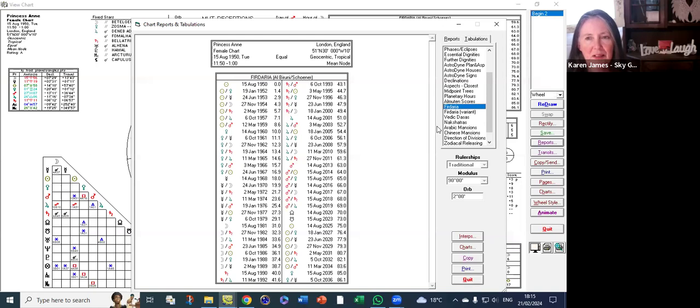There is another one here called Firdaria variant, which Rod told us to use, but it would seem from the newer scholars like Benjamin Dykes and Ashwin Subramanian, and a British astrologer called Sharon Knight, who worked with Ashwin Subramanian to write his book, that they are all in favor of this one.